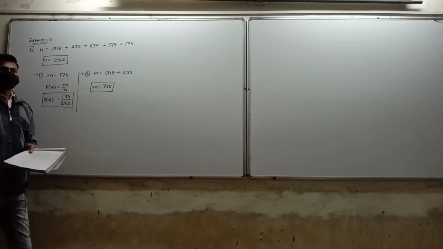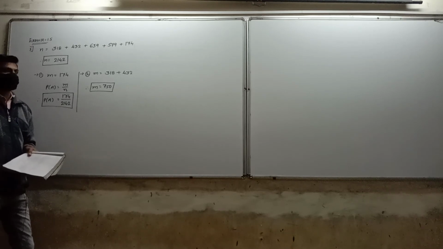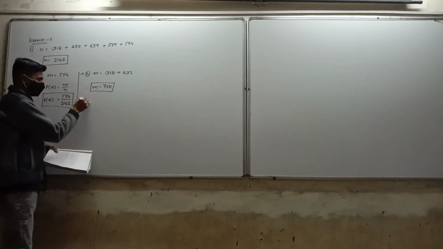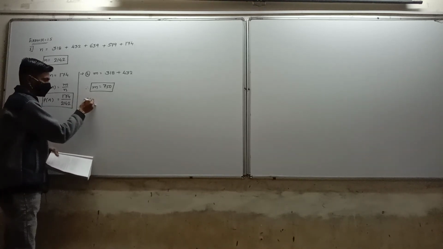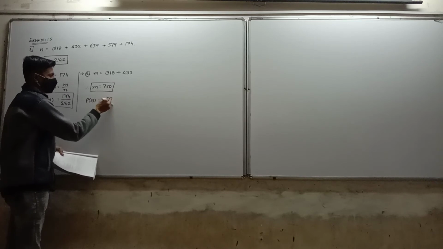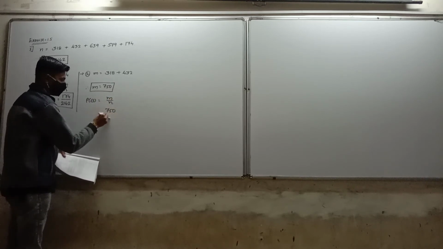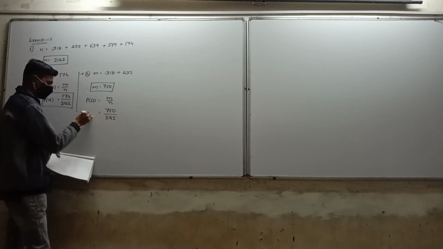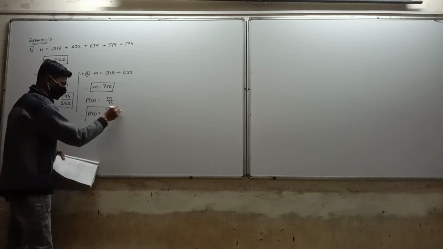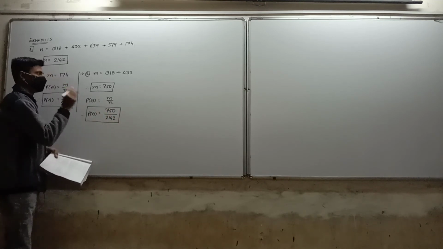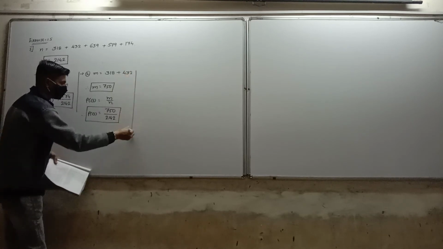At the most 700 rupees monthly traveling expense, number of travelers 750. Find P of B, M upon N, 750 upon 2142. Okay, your second question is completed.